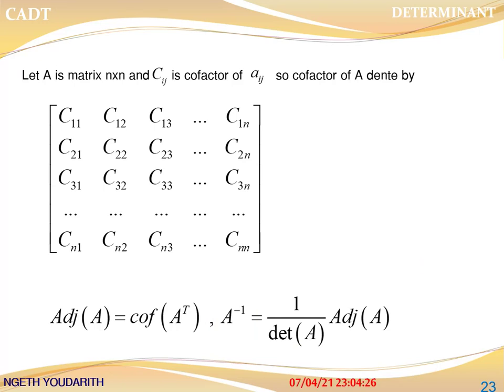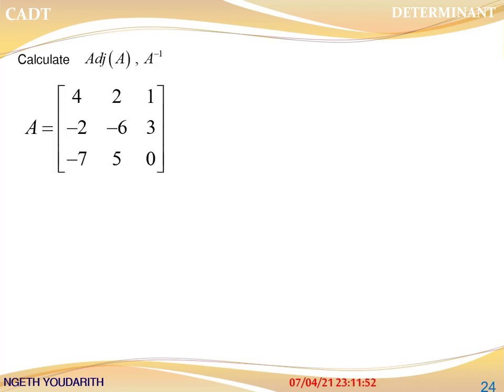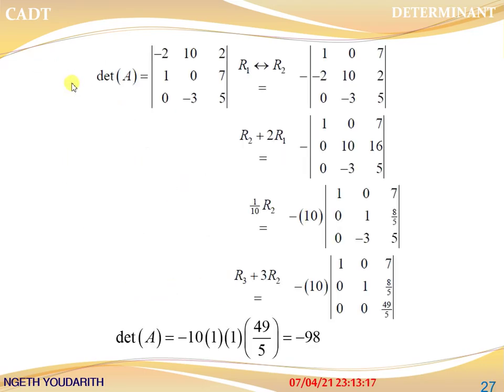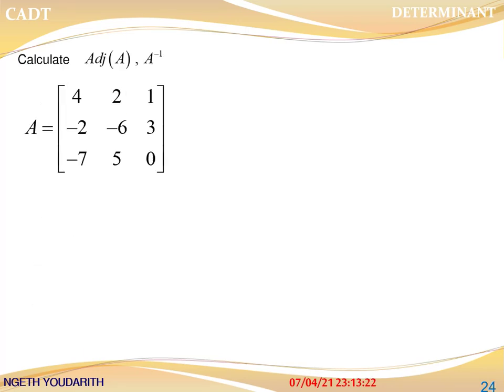So remember, adjoint of matrix A is equal to the transpose of the cofactor of matrix A. So in this point, we just calculate about adjoint A and A to the power minus 1. Example, this one adjoint A is called about the cofactor. What is the cofactor of A?